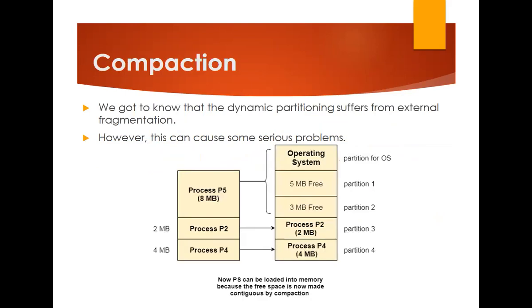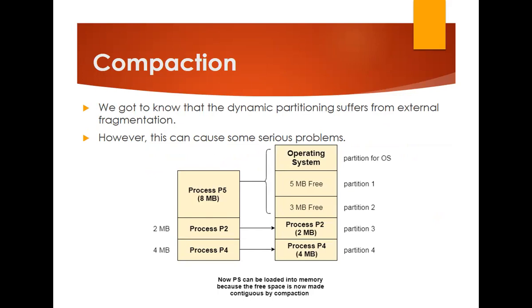The next one is compaction. This is the better version of dynamic partitioning. So we got to know that dynamic partitioning suffers from external fragmentation, and this may cause serious problems.